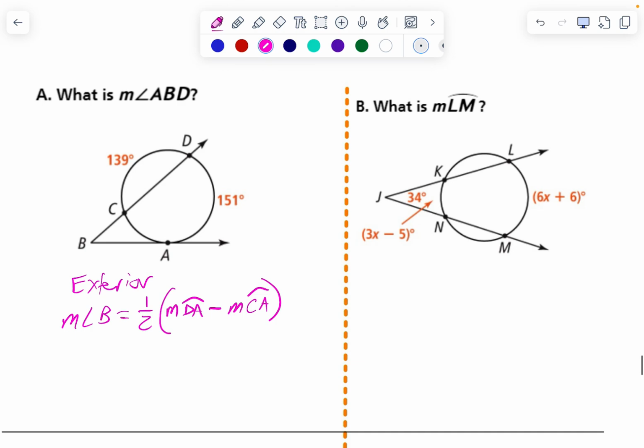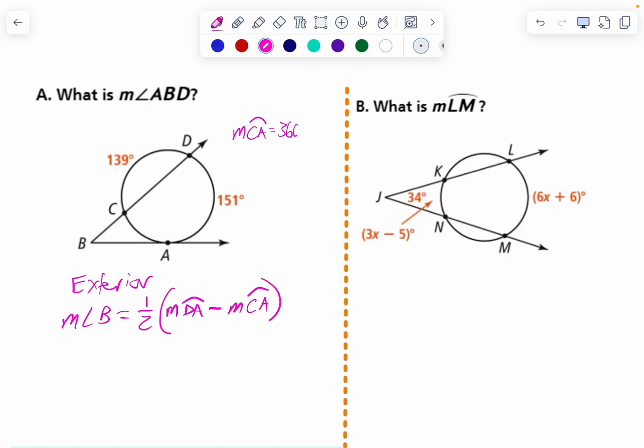Well, we don't have one. Okay. So measure of arc CA equals 360 minus 151 minus 139. What is that, 290, I think? Together, I mean? 290, yeah.